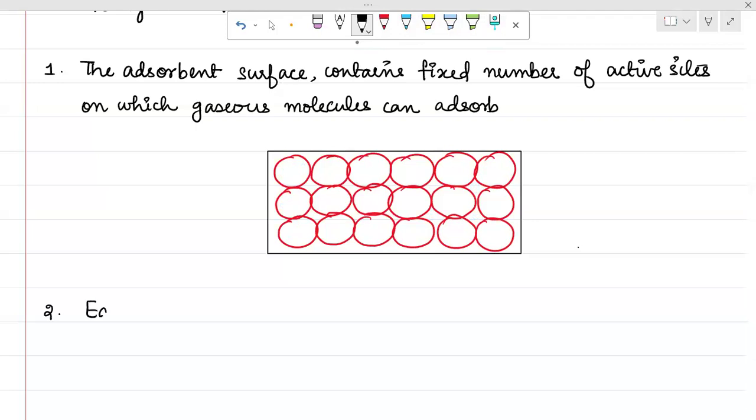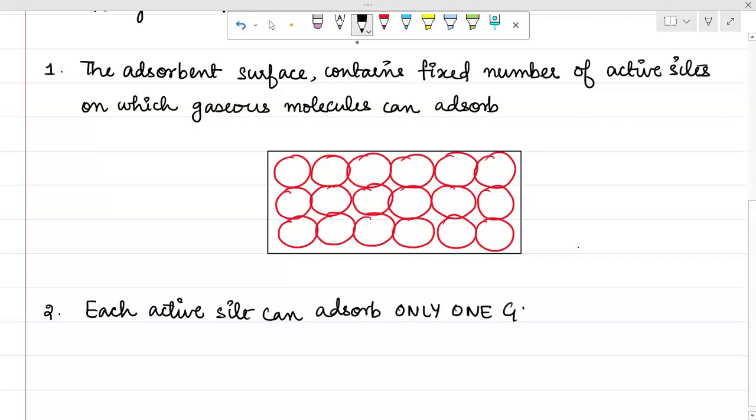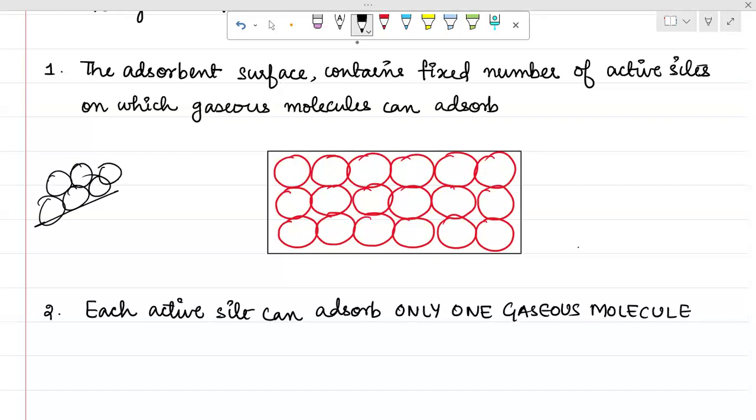And the next one is: each active site can adsorb only one gaseous molecule. We already know that in physisorption, multilayer formation is possible because the layers are held together by very weak van der Waals forces.